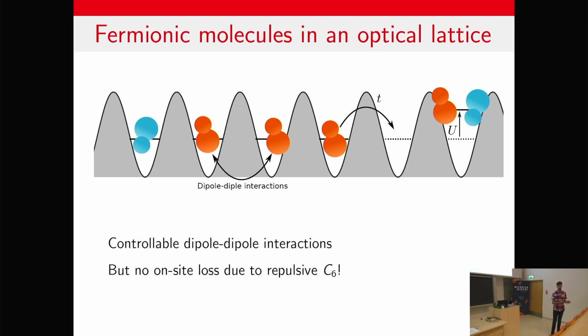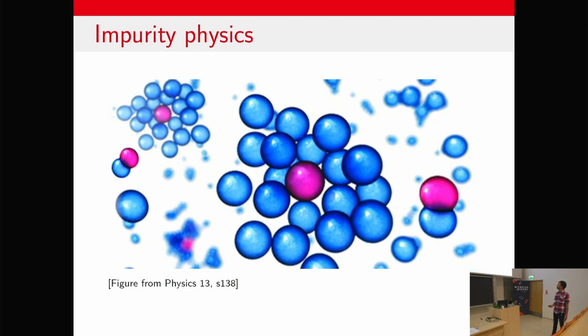And of course, for two molecules in J equals 0 or two in J equals 2, we're not suppressing collision loss. The other thing would be to study impurity physics. Imagine a bath of J equals 0 molecules, and you create a couple of J equals 2 molecules that can now interact with that bath without any losses.